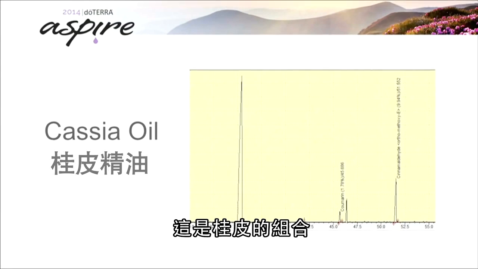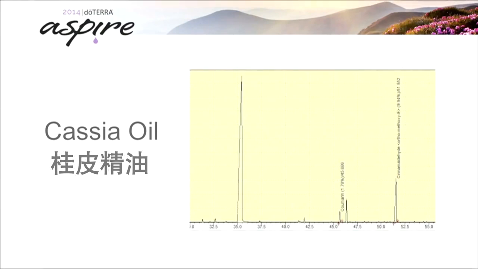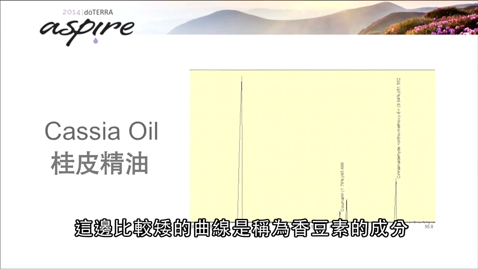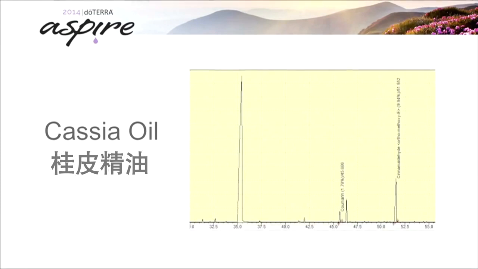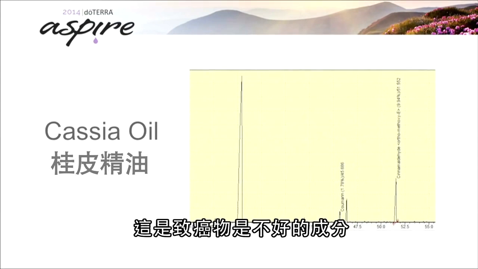That's for cassia. Cassia has 2 dead giveaways when it's used to adulterate cinnamon bark. The smaller peak you see there is a component called coumarin, which can be, in too high of a percentage, a carcinogen. It's not a good component.